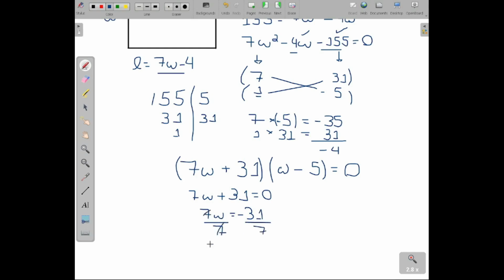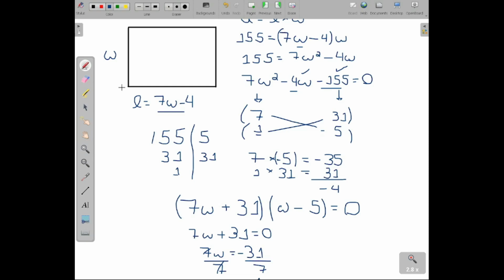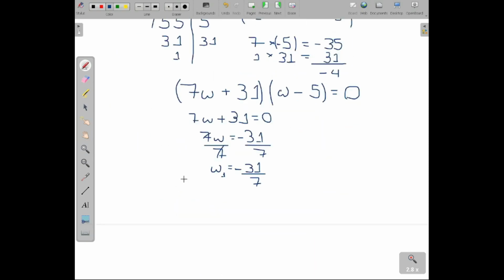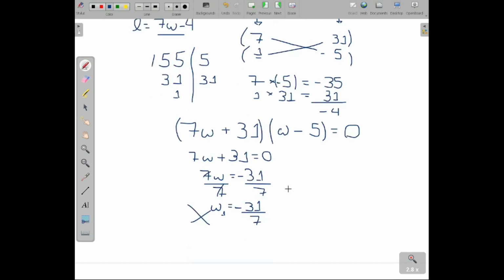We get 1 times w equal to negative 31 divided by 7. So this is the first value, but it is negative. We cannot have a negative value, a negative width. So this one is not useful.